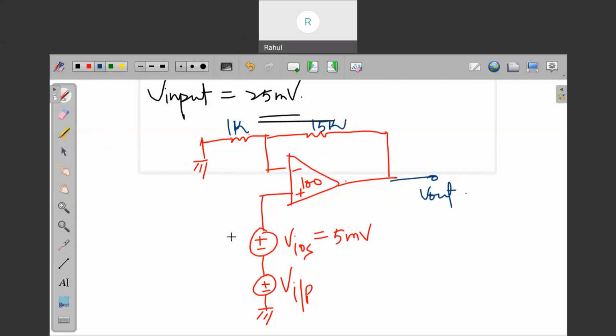So VIOS equal to 5 millivolt, and V input is also given as 25 millivolt. Can you tell me how we can solve this question? This is a very good question, and this question was asked for 2 marks.